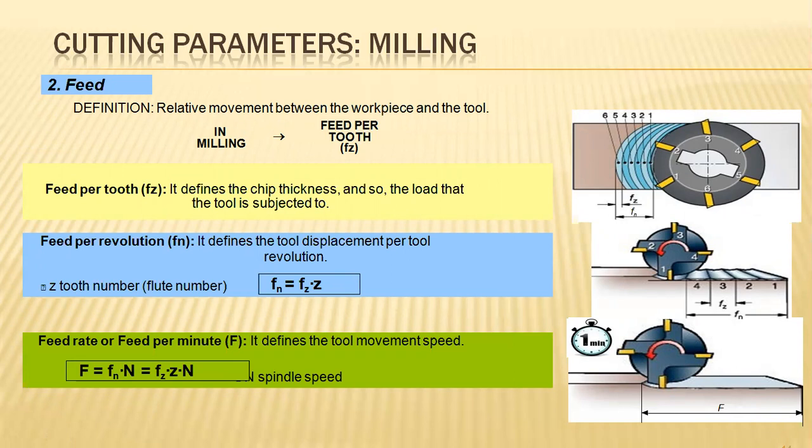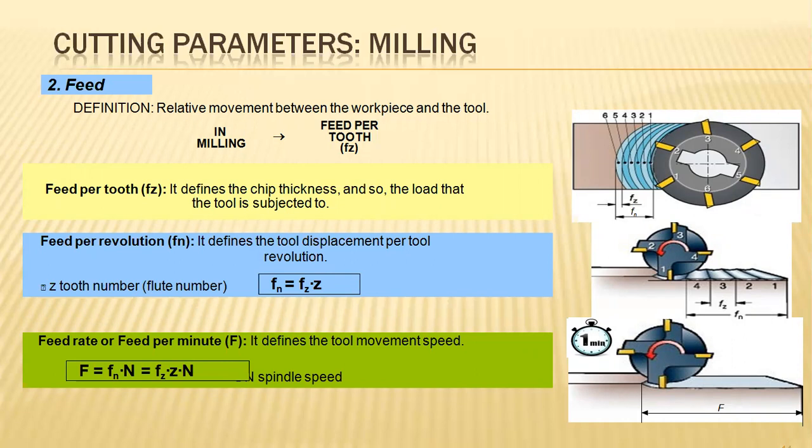And the milling tool has tooth considerations. Based upon how much feed has been given, the chip thickness will increase. So I identify the feed rate per revolution, the tool displacement per tool revolution.